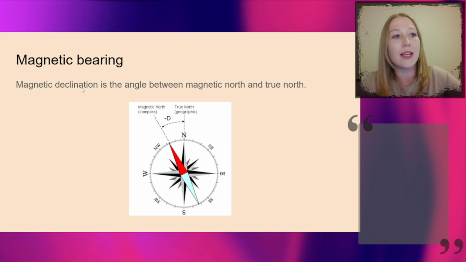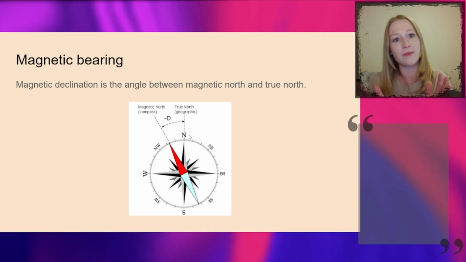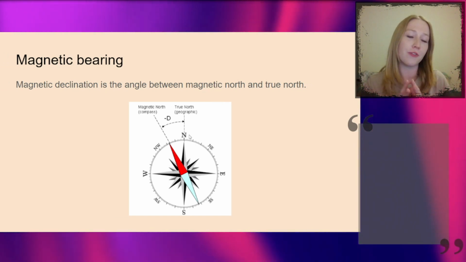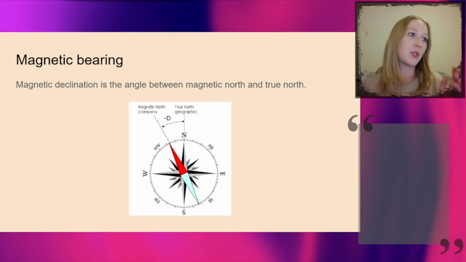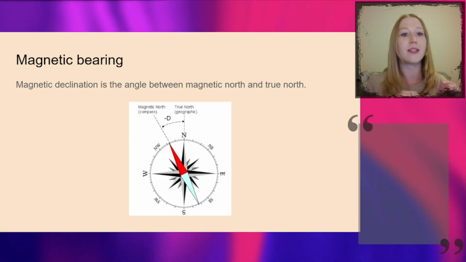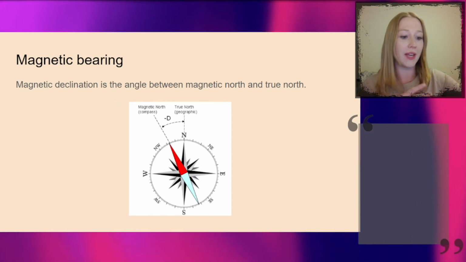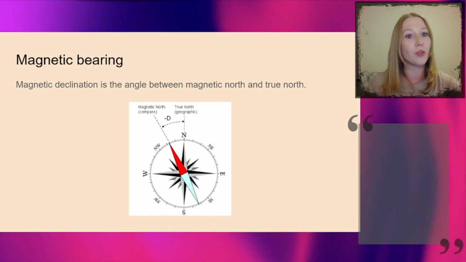And magnetic declination tells us how much it's off by. So what is the difference in degrees between true north and magnetic north? That's what magnetic declination is. We use that to find magnetic north.